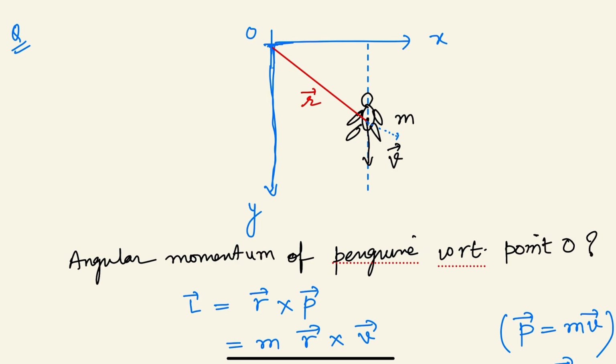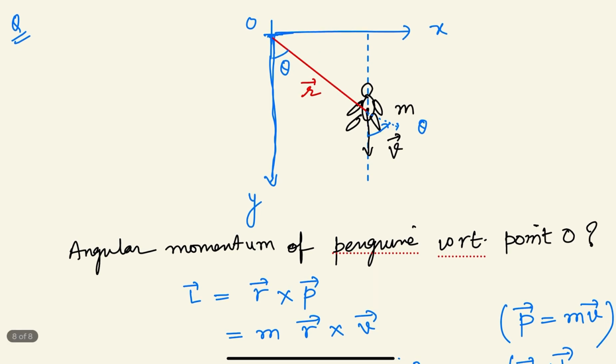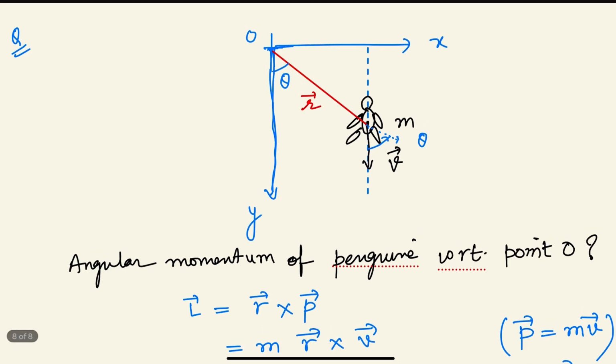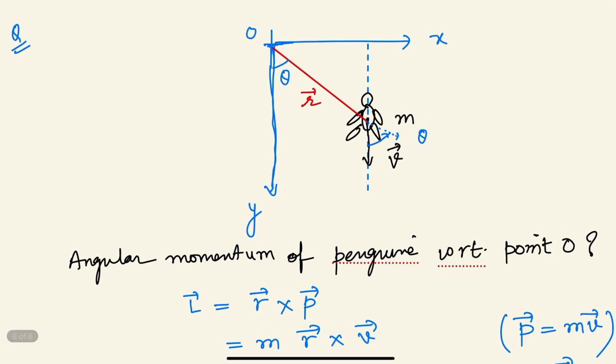Suppose this angle is theta, so this angle will also be theta. So this distance is always r sine theta.